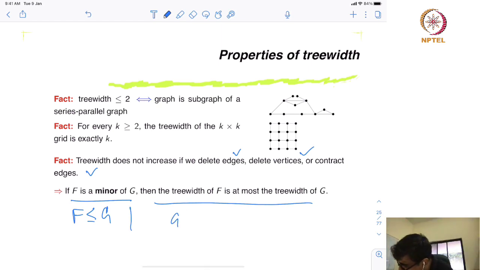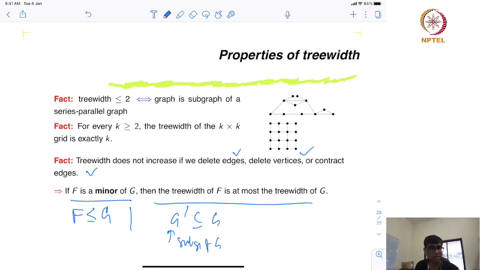You start with G prime, which is a subgraph of G, which basically means you have deleted some edges and vertices, and now you apply some contraction operations to get F. So any graph that can be obtained from a graph G using these operations is called a minor, and we have already proved that if a graph has a minor H, then the tree width of H is at most the tree width of G, and this is why this is also called a minor closed property. Okay.